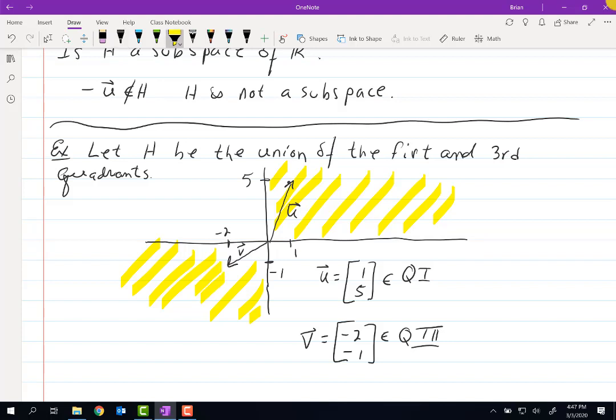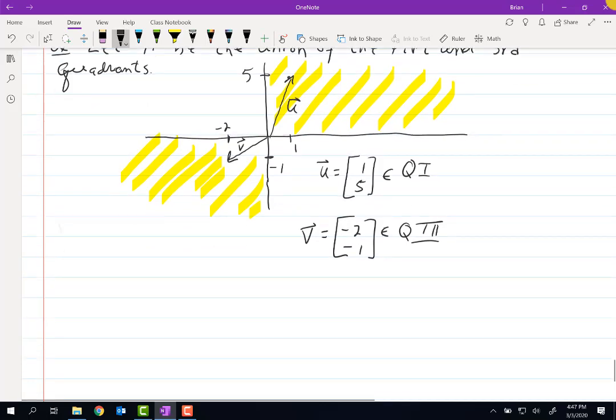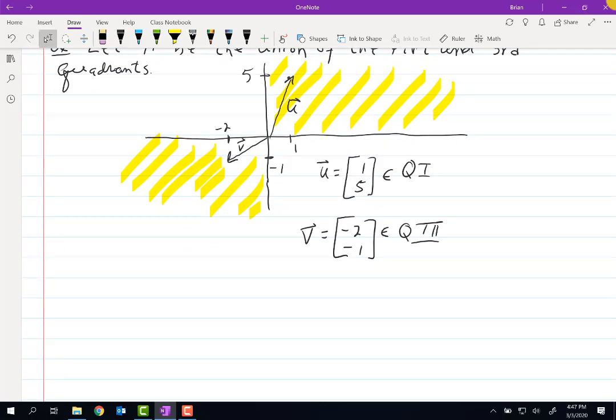All right, now let's add them together. One of the axioms is that you have to be able to add them together and it be in the set. So if I do U plus V, well, if I take 1 plus -2, I'll get -1. 5 plus -1 will be 4. Well, (-1, 4) is here.